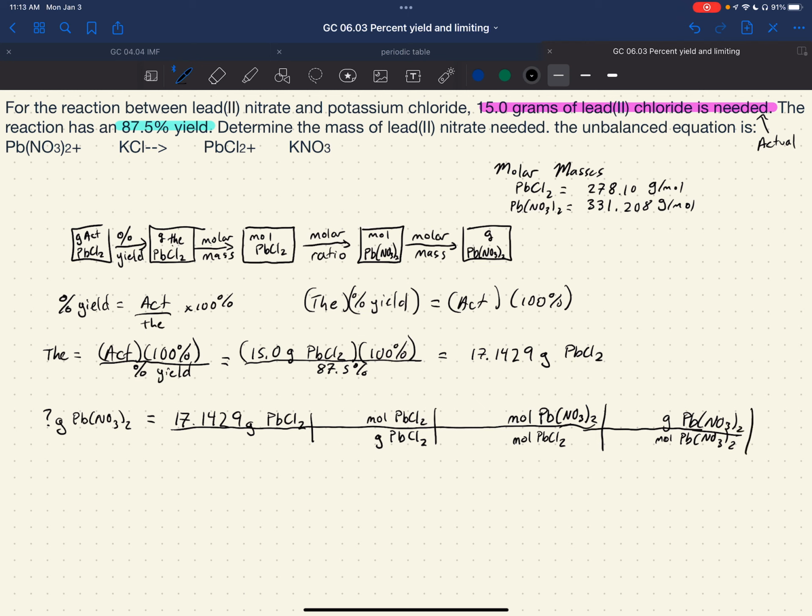All right, now because I have a mole ratio, I need a balanced chemical equation. I said that this one was unbalanced, so I've got to go back and balance my equation. If I put a 2 here to balance the chlorines, then I need a 2 here to balance both the potassiums and the nitrates, and that one's done. Now I can come back to my dimensional analysis setup and put numbers in.